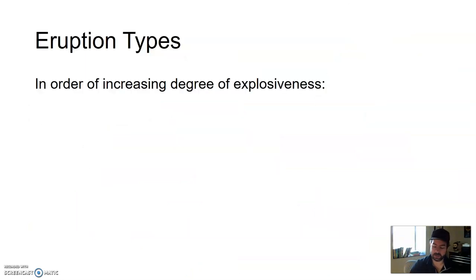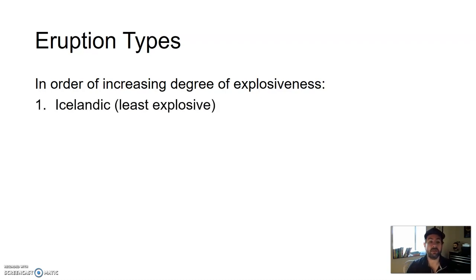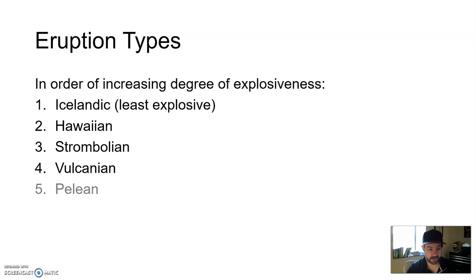So, in order of increasing degree of explosiveness, on that chart you just saw, we have Icelandic eruptions and Hawaiian eruptions, both basaltic magma and lava, low silica content, low viscosity, very runny, not a lot of trapped gas. When these types of eruptions occur, it's very flowy. It doesn't explode out. A lot of lava comes out. And then in increasing explosiveness, you start to get into Strombolian, Vulcanian, Pelean, and Plinian.